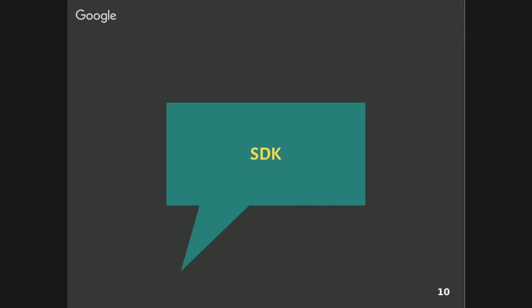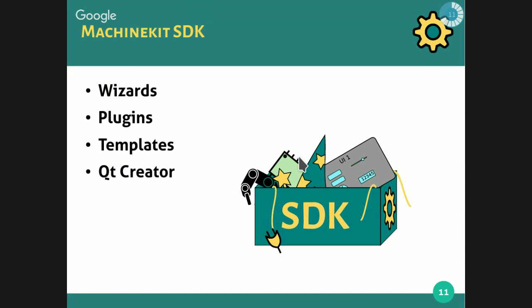Yeah, let's take a look at the SDK. The MACHINEKIT SDK is basically a set of several wizards for Qt Creator. It has some plugins for Qt Creator to preview, for example, the BBIO, BeagleBone, Standard IO, Universal IO files.